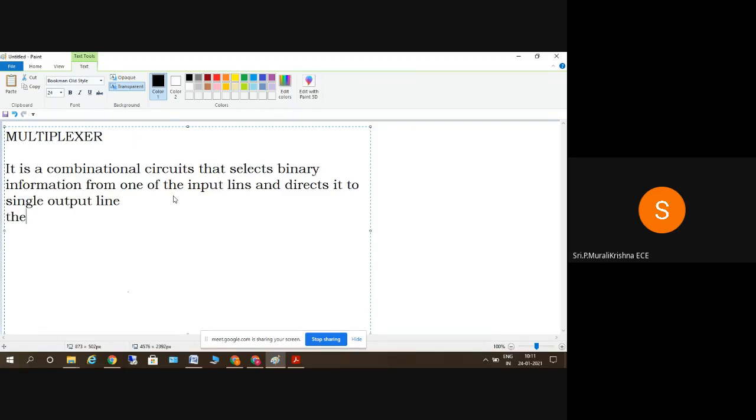The selection of a particular input is controlled by selection lines.